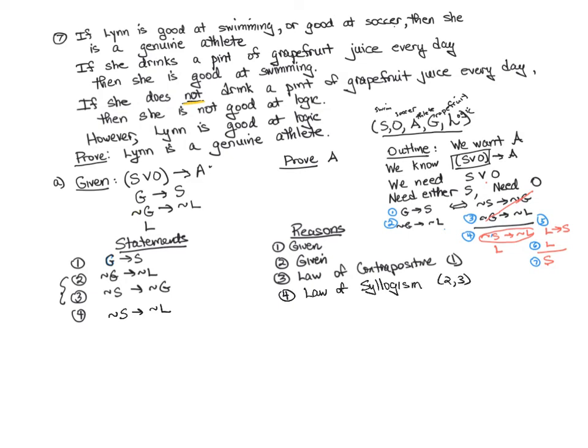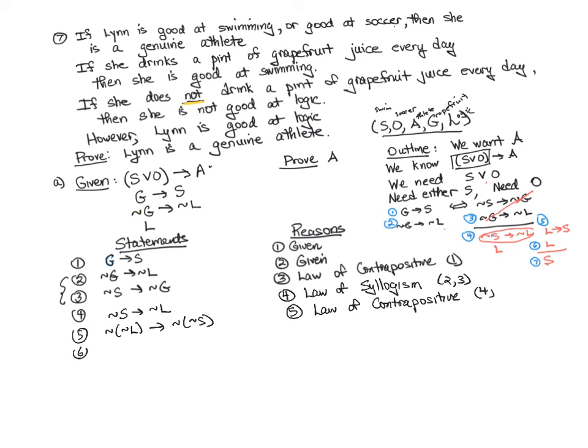Then we took the contrapositive of that. I guess we have to do double negation anyway. If not L, then not S. And this is the law of the contrapositive, step 4.